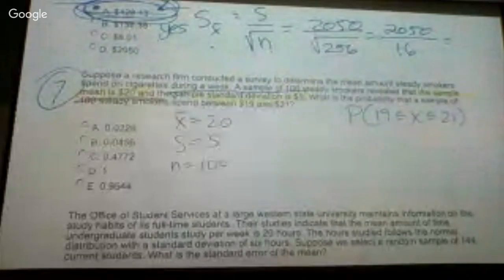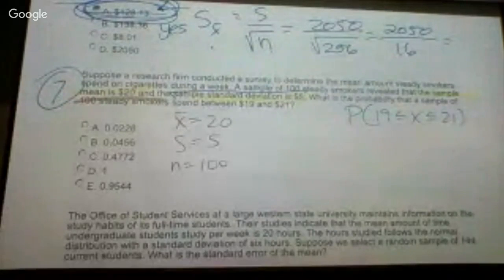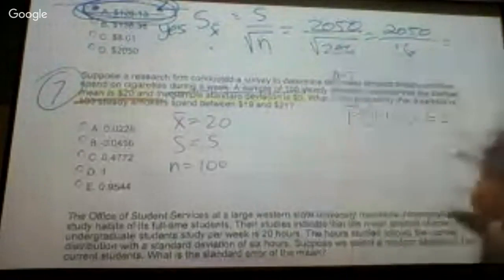One more. We've got a mean, which we expect. Oh, no, we don't. We only have those 3 pieces because we don't know what mu is. Mu is unknown.